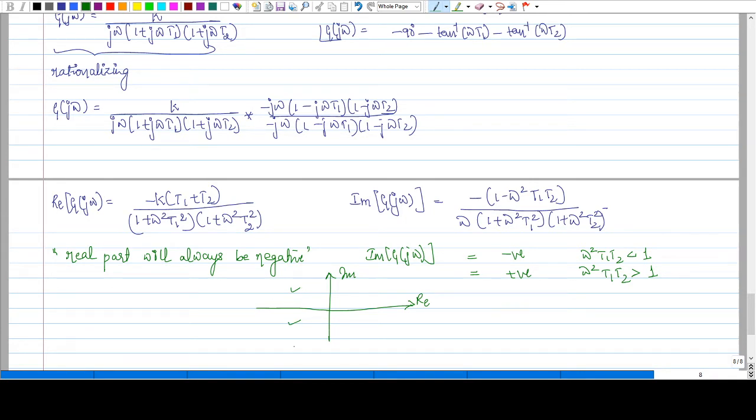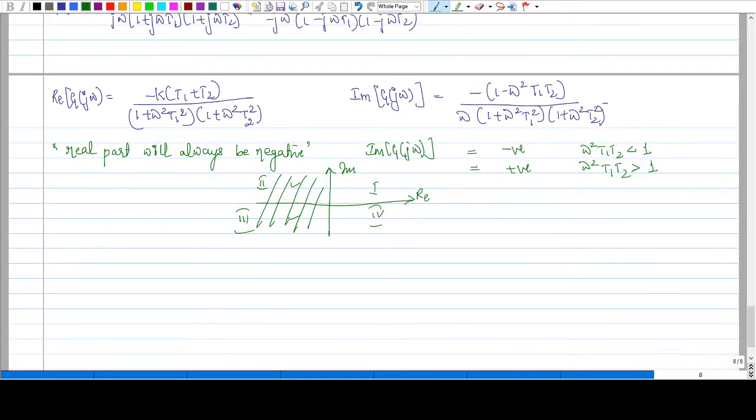So your polar plot will only be in the second and third quadrant. Your polar plot cannot exist in the first and fourth quadrant because there the real part is positive, but from our observation we can see that the real part will always be negative. So the possible areas where you can find the polar plot are only the second and third quadrant.